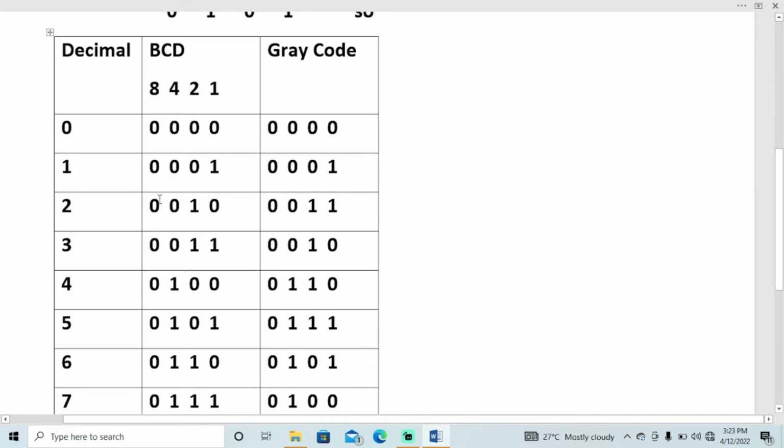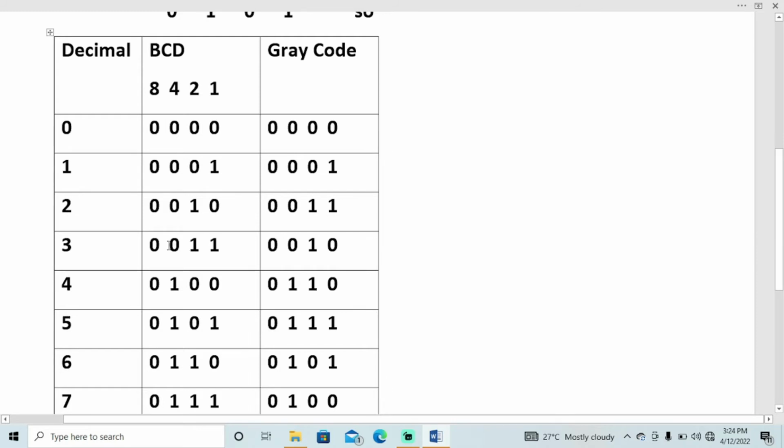And now for 2, we are going to be taking 0 as it is, and then for the second we are going to have 0 plus 0, it's going to be 0. And for the third, we are going to have 0 plus 1, it's going to be 1. And now for the fourth, we are going to have 1 plus 0, which means it is 1. So for 3, you could just come here and say 0 goes down as it is.